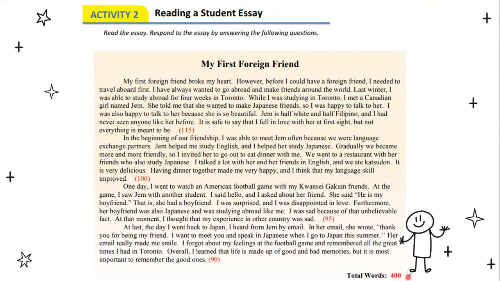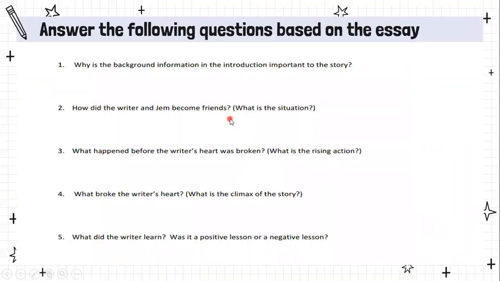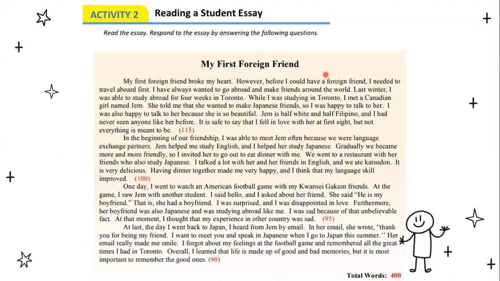Total words are 400. So, first question, why is the background information in the introduction important to the story? So why do you think it's important to have background information in the introduction? You refer to the essay that I just presented to you now, and tell me why the background information is important. Remember, the background information comes in the middle.